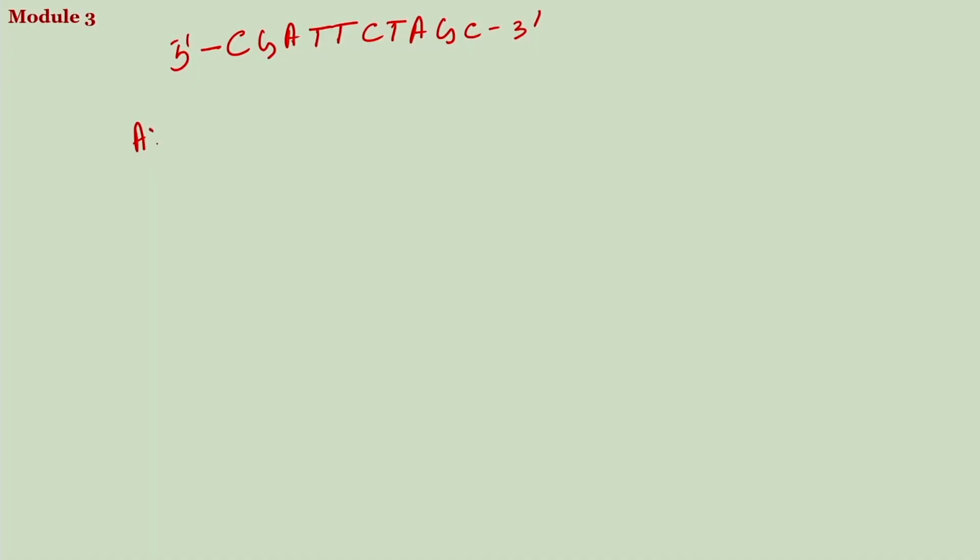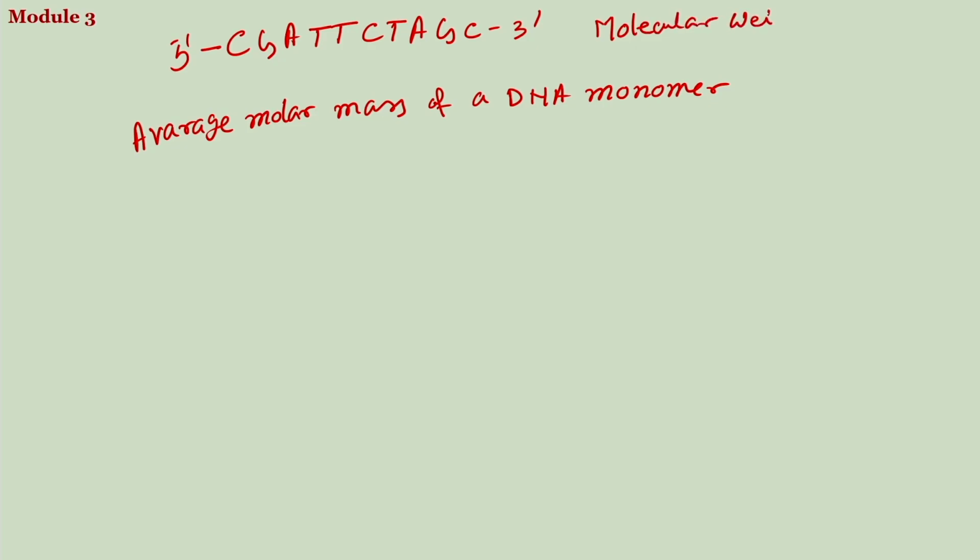So, what usually is a practice is that when you have a long DNA, then it is assumed that it is composed of all 4 kinds of nucleobases, and in general it is considered that the average molar mass of a DNA monomer, so we are calculating the molecular weight of this DNA strand.